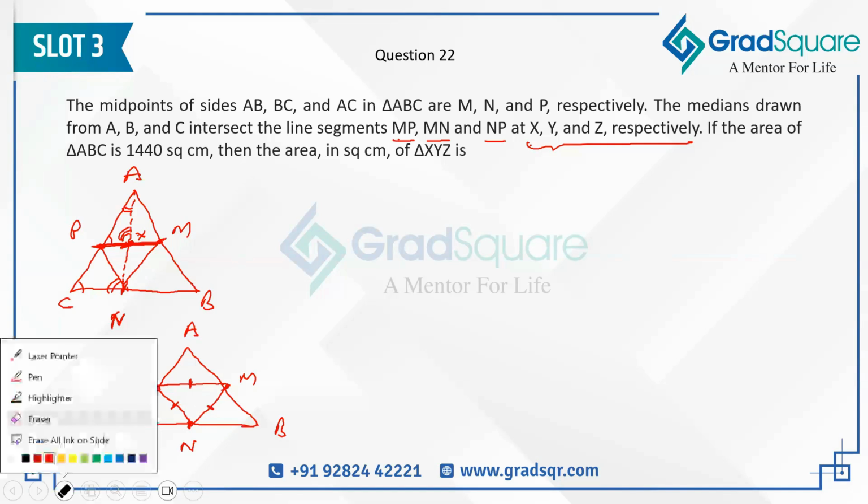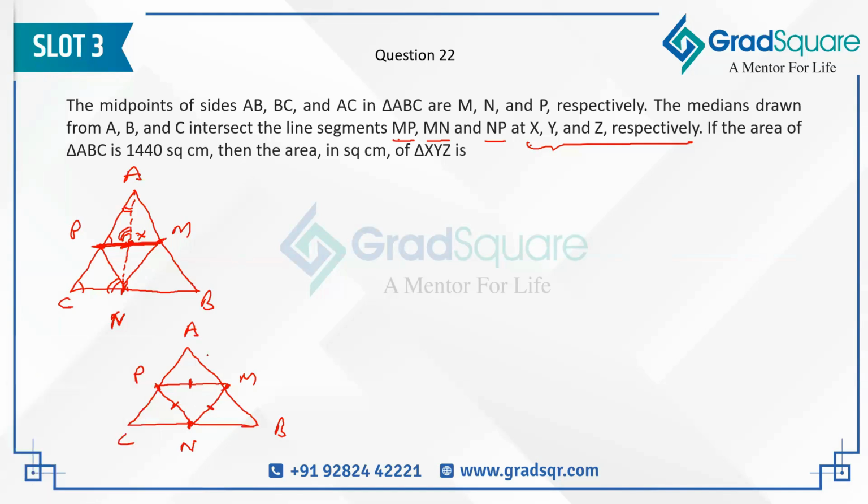So if you now look at this triangle, the bigger triangle ABC has been divided into four smaller equal triangles. So what is PMN? The area of PMN is going to be 1/4 of the area of ABC, which is 1440 as given in the question. Correct? Now, if I take the midpoints of these sides, look at the triangle PMN, right?